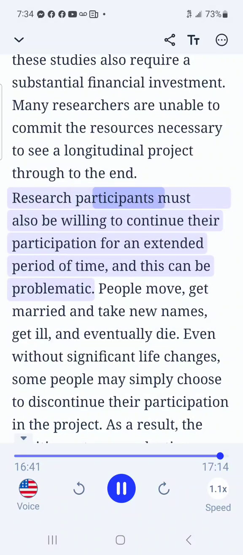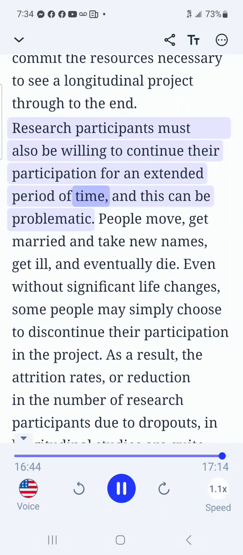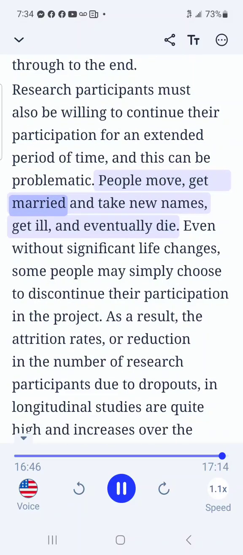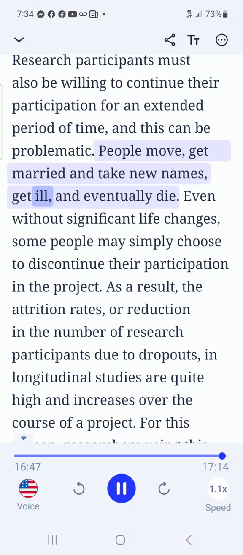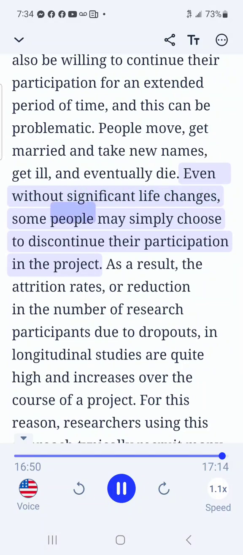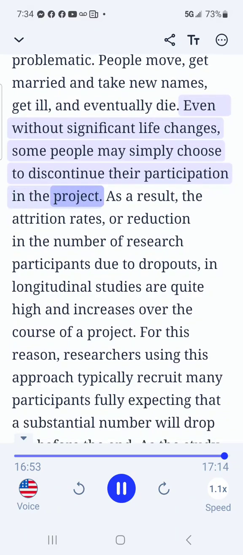Research participants must also be willing to continue their participation for an extended period of time, and this can be problematic. People move, get married and take new names, get ill, and eventually die. Even without significant life changes, some people may simply choose to discontinue their participation in the project.